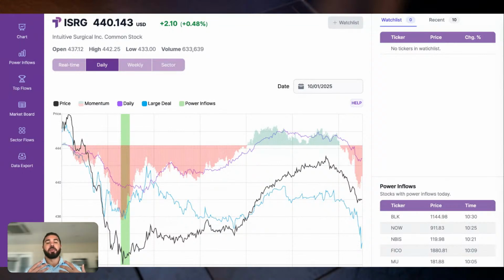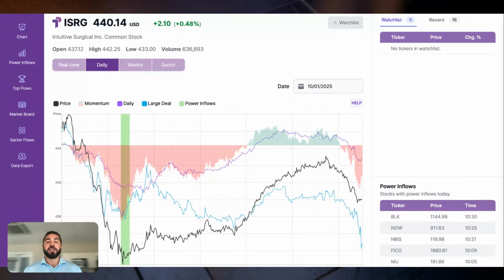That's our proprietary AI-driven algorithm that we provide to anybody who uses our site. The first question everybody asks is, what is the power inflow? What does it represent? This is our signal that indicates there's been a significant shift in the order flow from negative to positive.